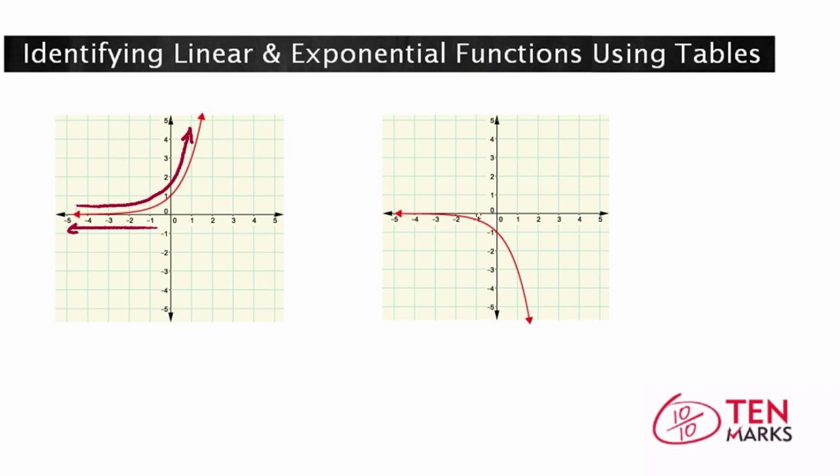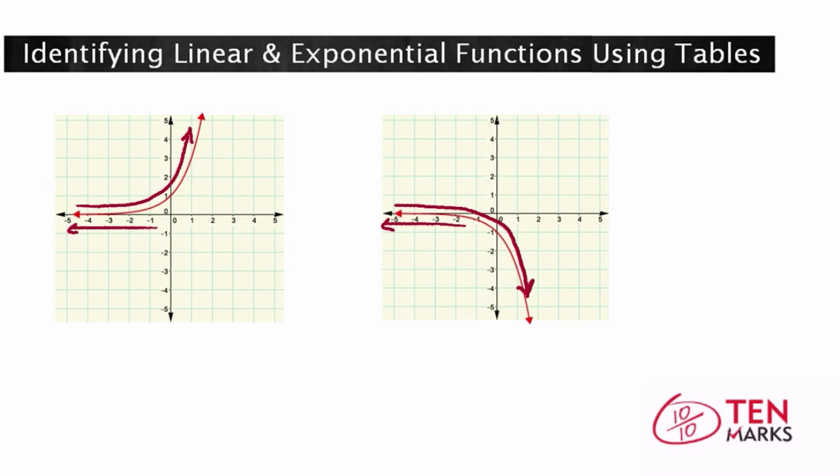Now if we take a look at the graph on the right, we see that as x increases, y decreases pretty quickly. And if we look at it going in the other direction, as x is getting smaller or decreasing, the y values are getting closer and closer to 0.